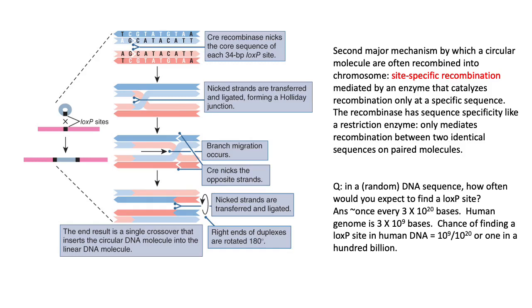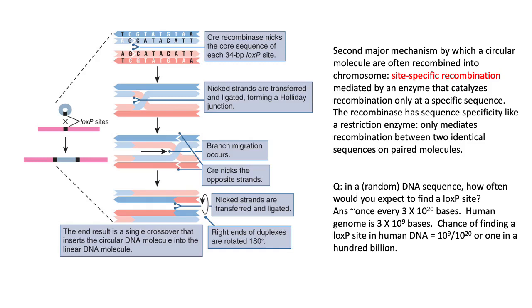So in this example, we're looking at how Cre recombinase works. Cre is the name of the enzyme, Cre recombinase, and the sequence it recognizes is called a LoxP site. LoxP, with a capital P, is 34 bases long.